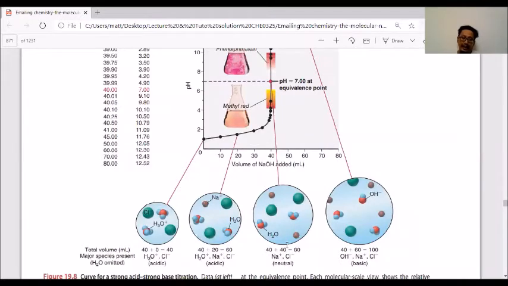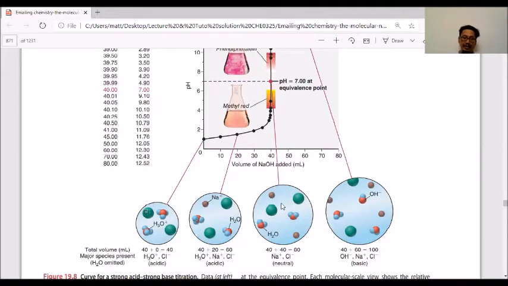Alright, then at equivalent point, because here the ratio is 1:1, simple, because sodium hydroxide reacts with hydrochloric acid producing H2O and sodium chloride. The ratio of acid and base here is 1:1.